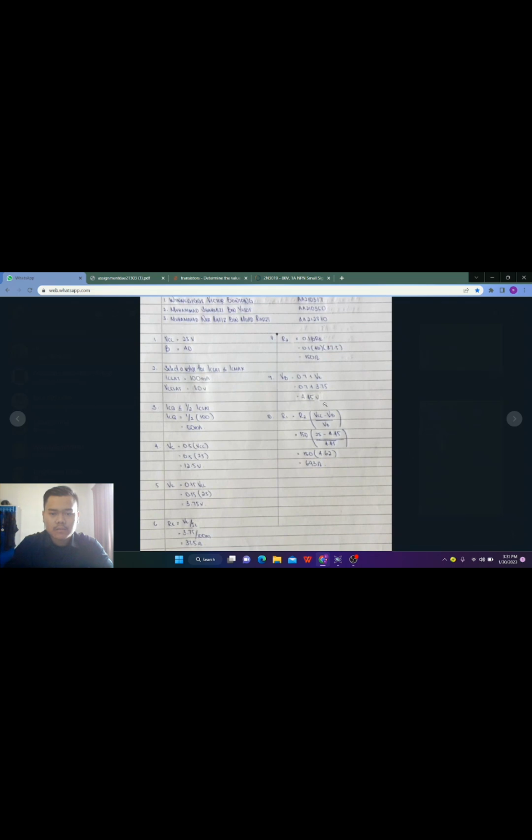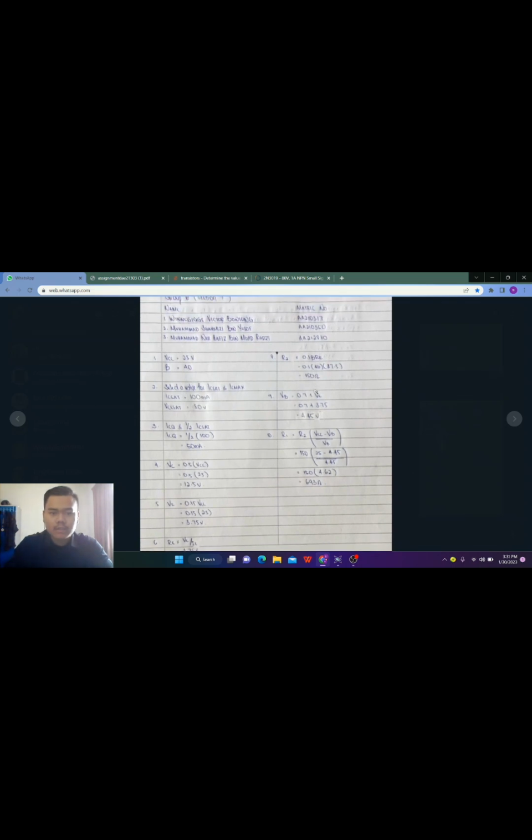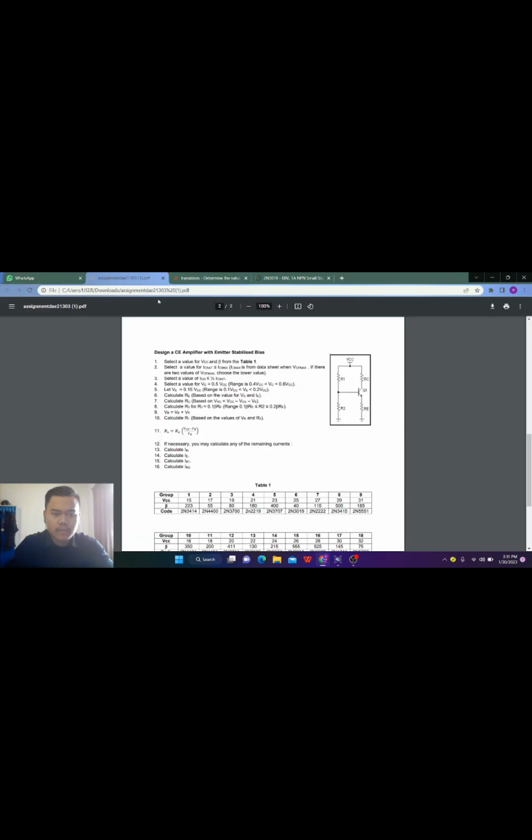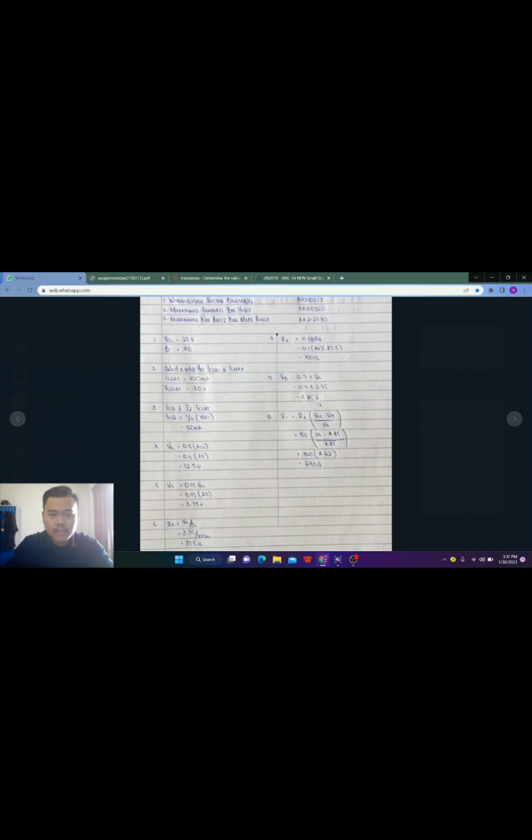The next question is to find VB. We use the formula 0.7 plus the VE value, and the value is 4.45 volt. The last one is to calculate R1 based on the value of VB and R2. The formula is R1 equals R2 times VCC minus VB over VB, and after the calculation I got 693 ohm.